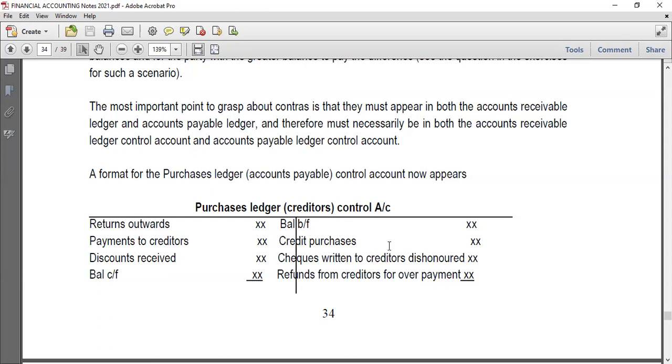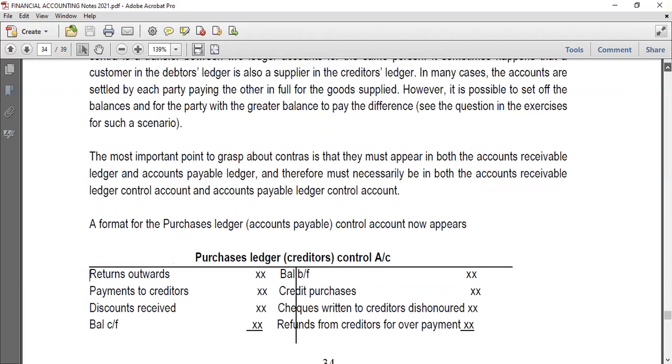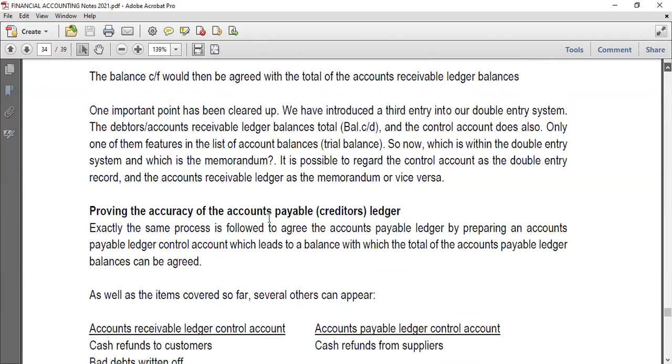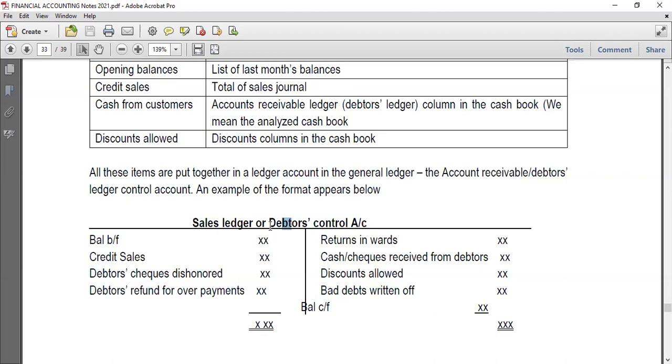So what I just want to explain something small here, that the purchases ledger, okay, by the way, the accounts receivable, this that we have just looked at up here, it can be called the debtors control account. It can also be called the accounts receivable control account, but it can also be called the sales ledger control account.